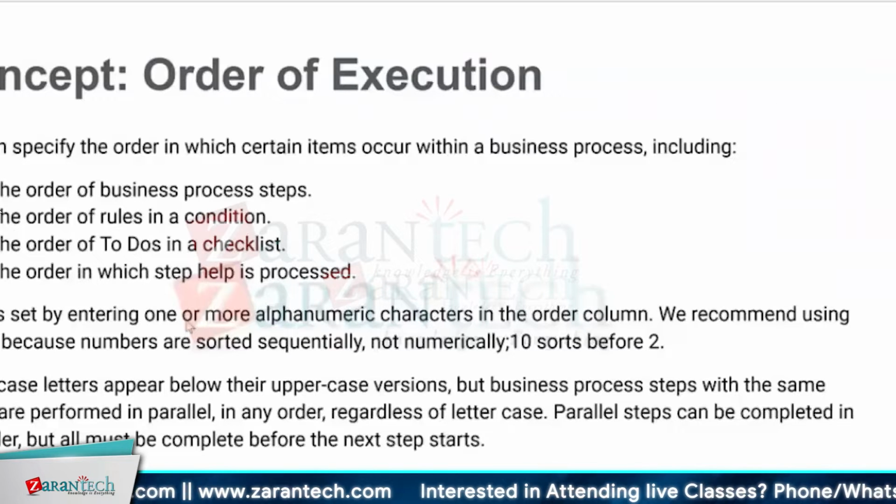So all this is saying is the order in which items occur within a business process. You can have one or more alphanumeric characters. So just like I was saying, 10 sorts before 2.